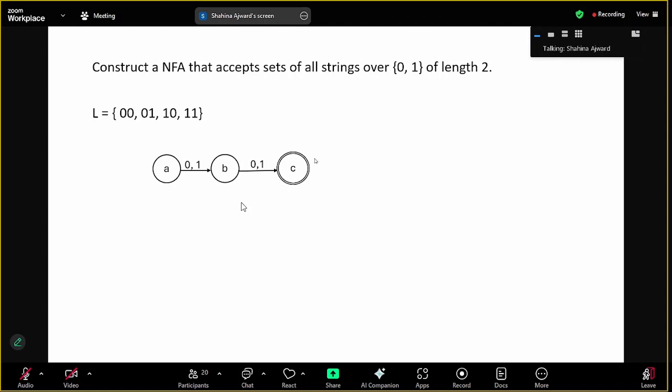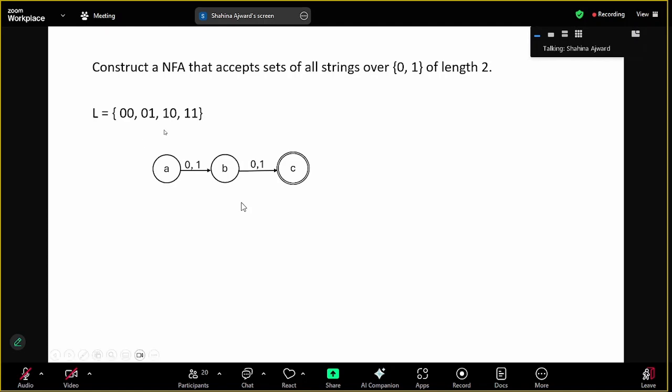We can't have a self loop because it is not an unlimited set of words. In the previous examples, the list of acceptable strings was infinite, so we could create many possible words, but here it's not the case. There are only four words, so any other word should not be accepted.